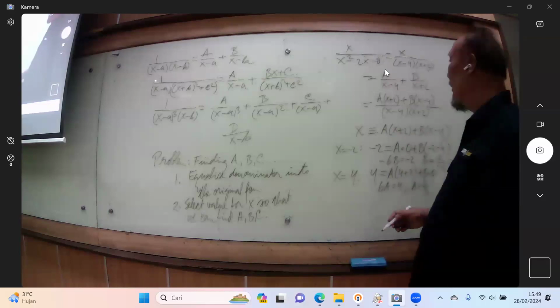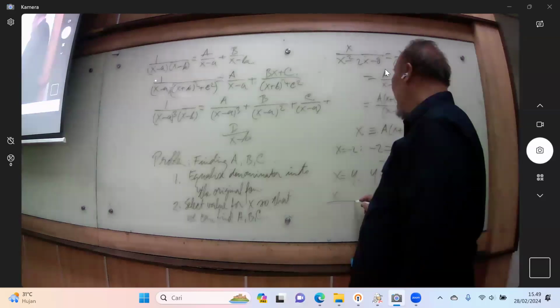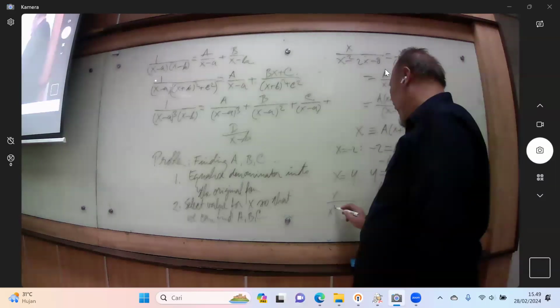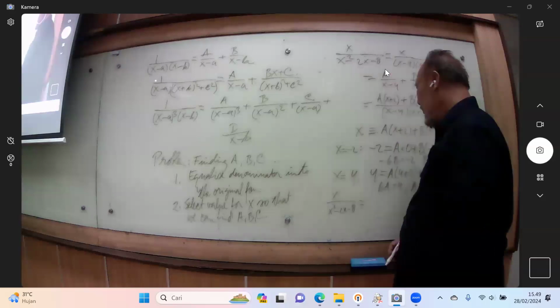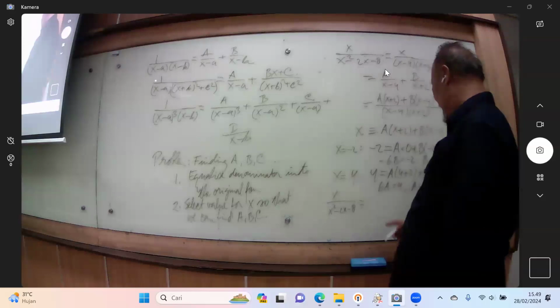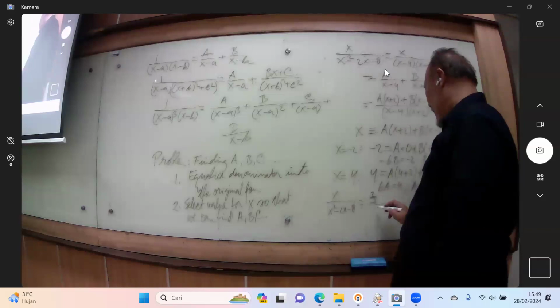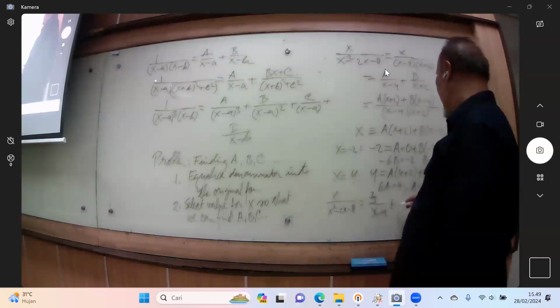So that means x divided by x squared minus 2x minus 8 equals, with a being 2/3, 2/3 over x minus 4 plus, with b being 1/3, 1/3 over x plus 2.